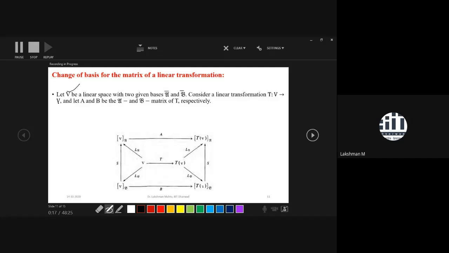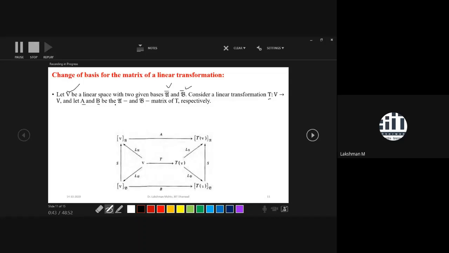Then we say that A is the matrix of this transformation with respect to basis A, and B is the matrix of this transformation with respect to basis B.